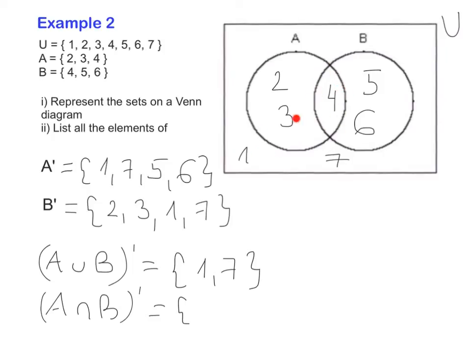So outside we have 3, 2, 1, 7, 6 and 5. And this is A intersection B complement. So 2, 3, 1, 7, 5 and 6. That's it. So take it down please into your copies.